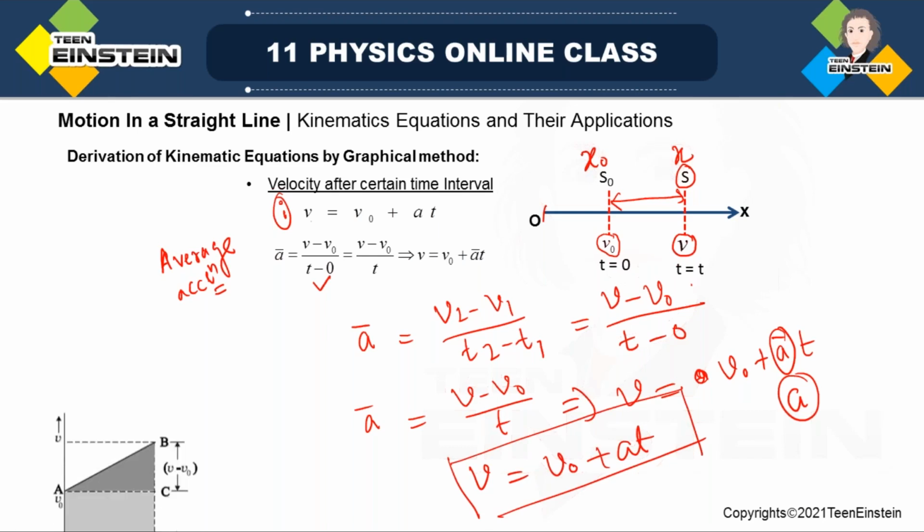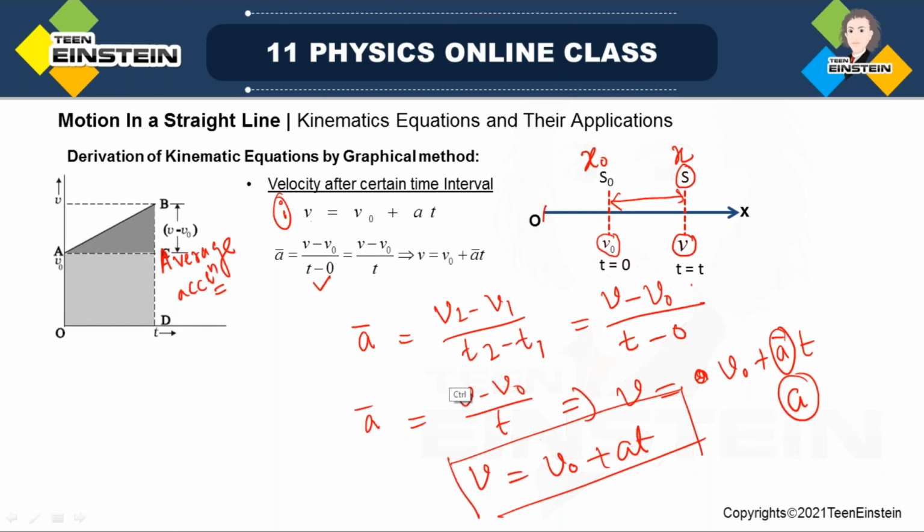Okay, so now let me show you graphically. In this case the object starts from the origin at t equal to 0, and at t equal to t the object is at D. When the object was at the origin at t equal to 0, the velocity was v0, and during this time interval 0 to t, that means interval t, the object has gained velocity up to v.